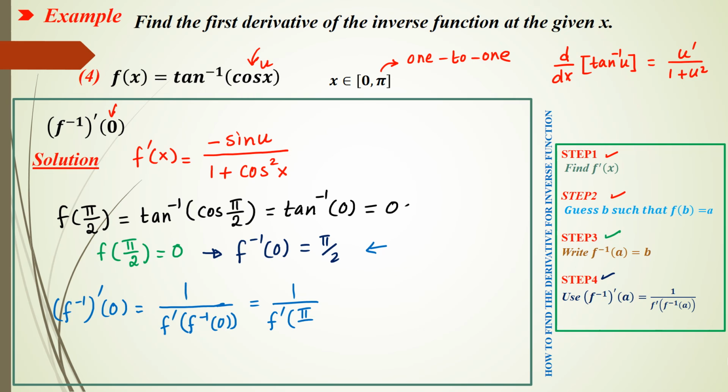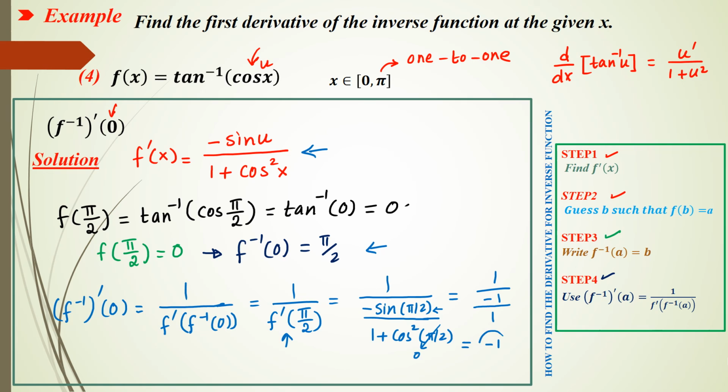And this equals 1 over, here you have to replace pi over 2 in the derivative function, so you will get minus sine pi over 2 over 1 plus cosine squared pi over 2, and this equals 1 over, now negative sine pi over 2, sine pi over 2 equals 1, so you get negative 1 over, and cosine pi over 2 equals 0, so we have 1 plus 0, which is 1, and finally we have the answer negative 1.